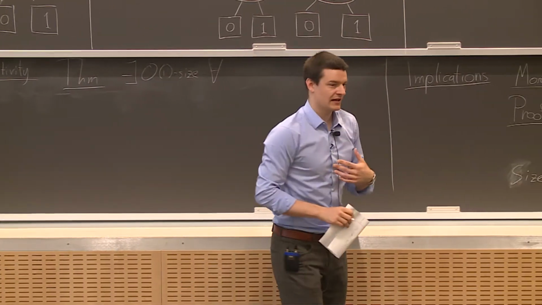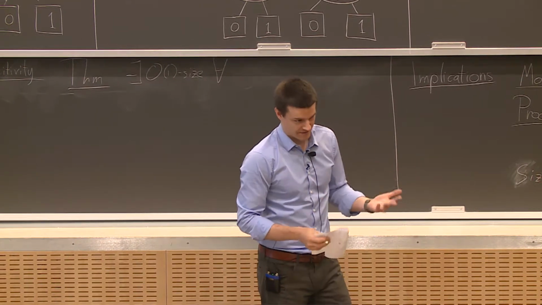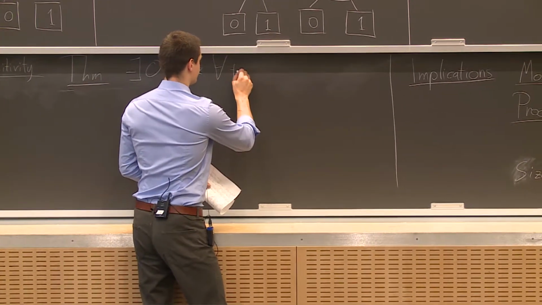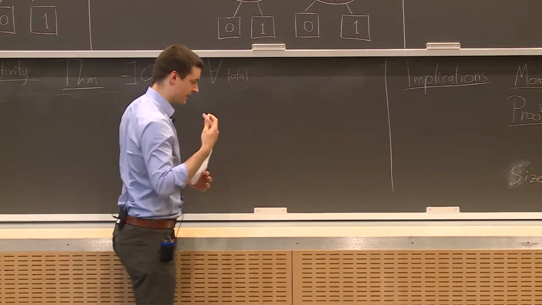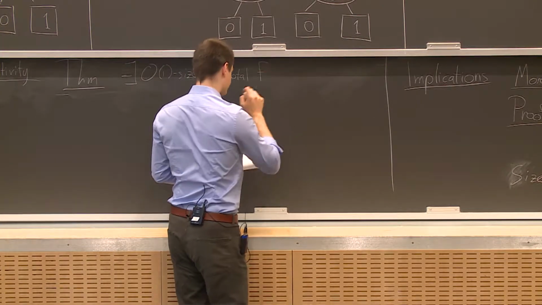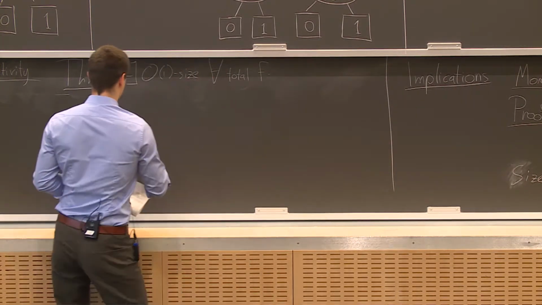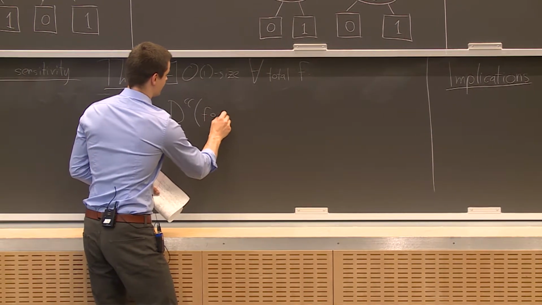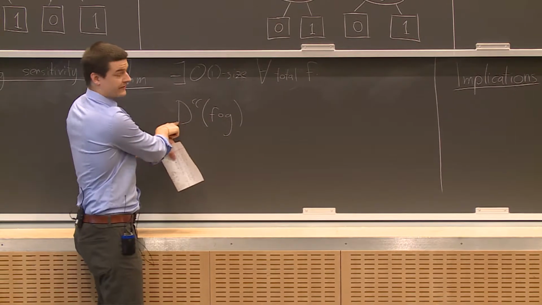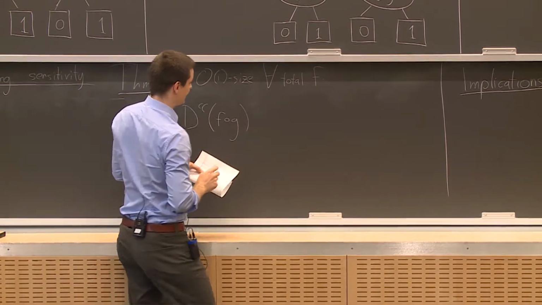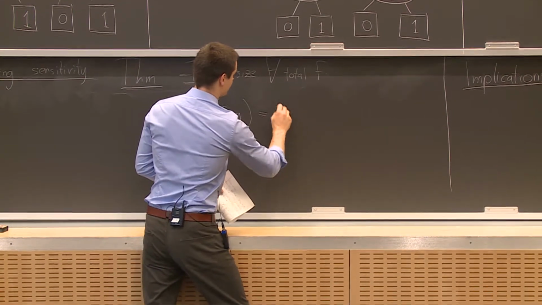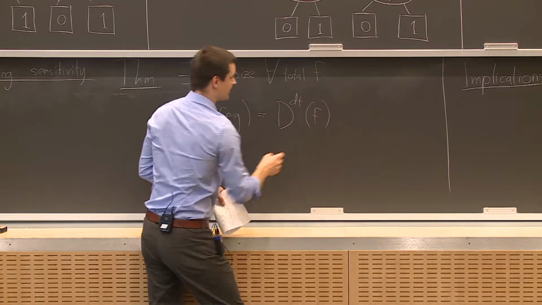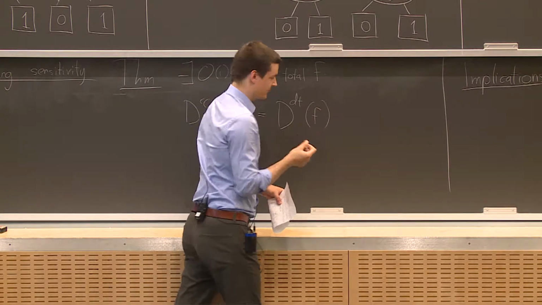Normally when I say an f, I allow even a partial function, so maybe it's not defined on all inputs, but here I expressly require f to be total, so it's defined on all Boolean inputs. And I claim that the deterministic communication complexity of the composed function, actually even randomized, but let's stick with deterministic, is, well, we'd like it to be exactly the deterministic decision tree complexity of f, but I'll just prove this up to polynomial factors.